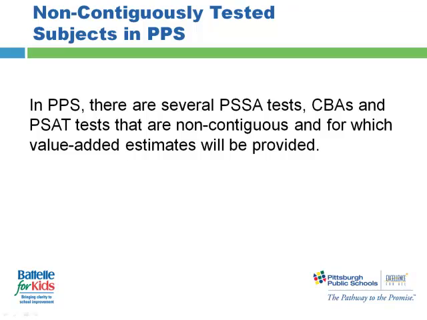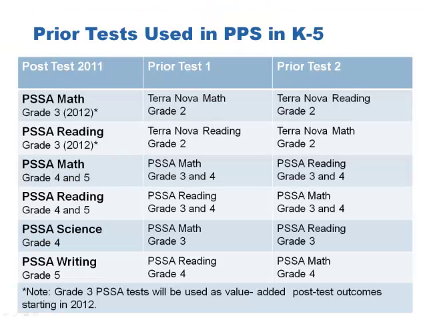In PPS, there are several PSSA tests, CBAs, and PSAT tests that are non-contiguous for which value-added estimates will be provided. These are the prior tests used to predict value added in grades K through 5. Beginning in 2012, we will be adding value added results for grade 3 math and reading.